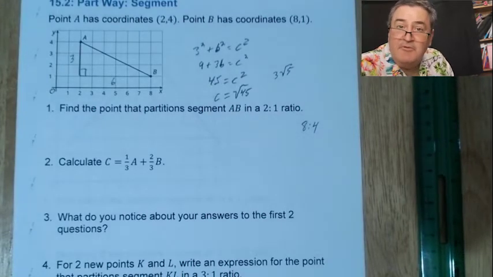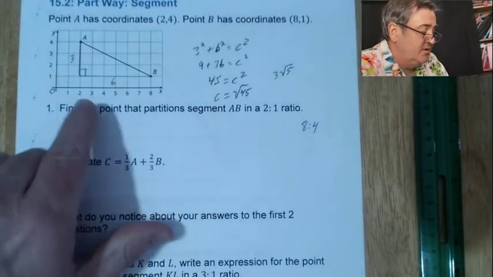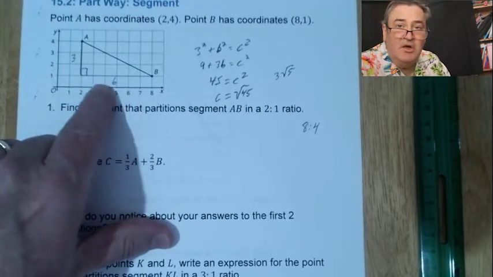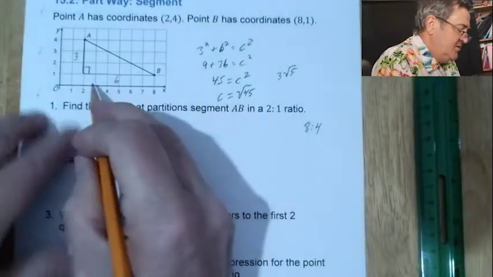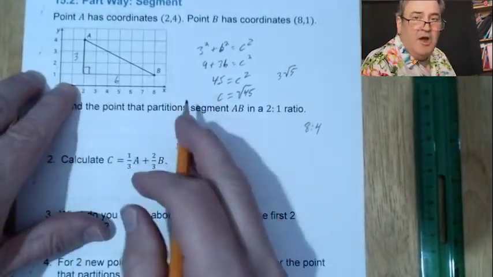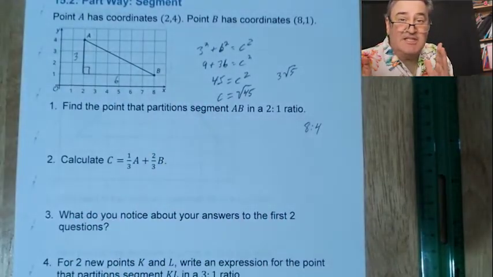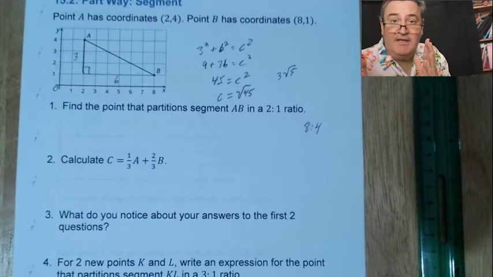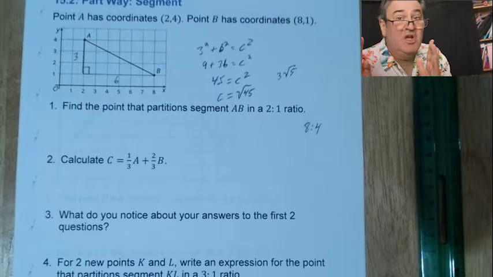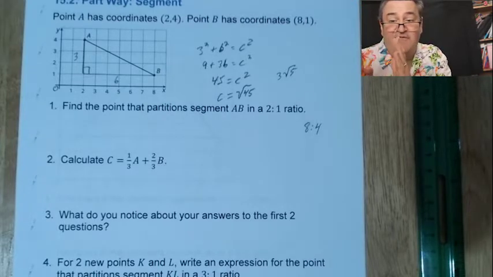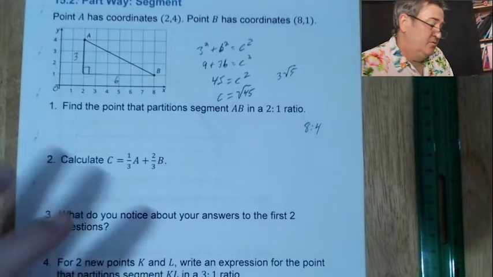Now, wait a minute. When we were finding the lengths of the sides of that triangle, it was 6 long. We can divide that up at a 2-to-1 ratio, right? So from left to right, if it's 6 in length, A would get twice as much as B, because it's a 2-to-1 ratio. So A should get 4, and B would get 2, right?